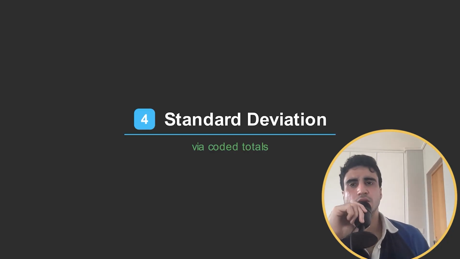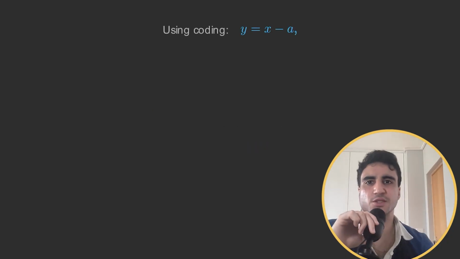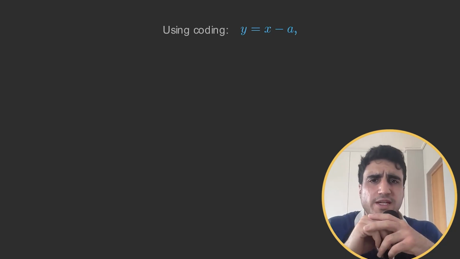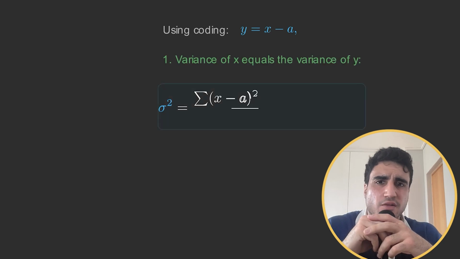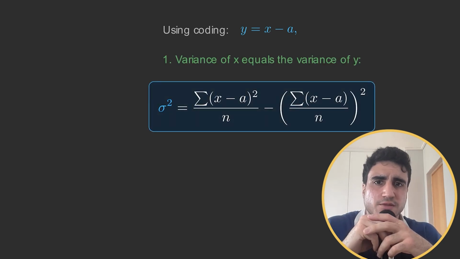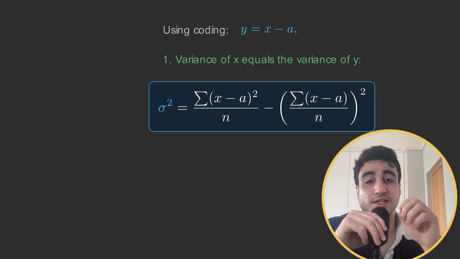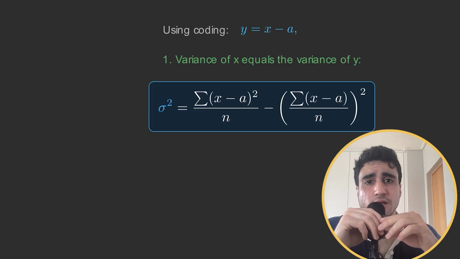Well, again here, if we use the coding y equals x minus a, we can say that the variance, standard deviation squared, is going to equal the sum of (x minus a) squared over n, minus the sum of x minus a over n, squared. So that's going to be our formula there.